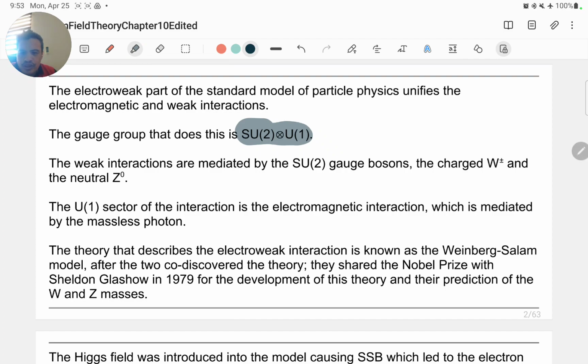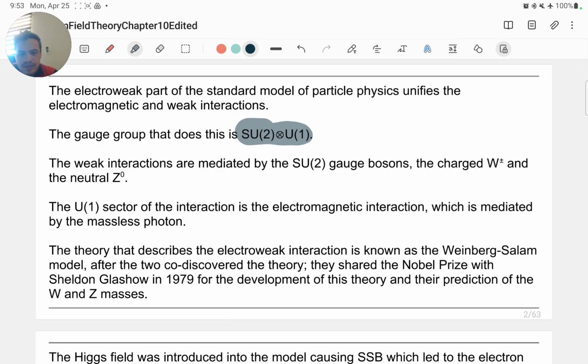As I have said earlier, the theory that describes the electroweak interaction is known as the Weinberg-Salam model, which is named after Salam, the former director of the International Centre for Theoretical Physics, and of course Weinberg and Sheldon Glashow.